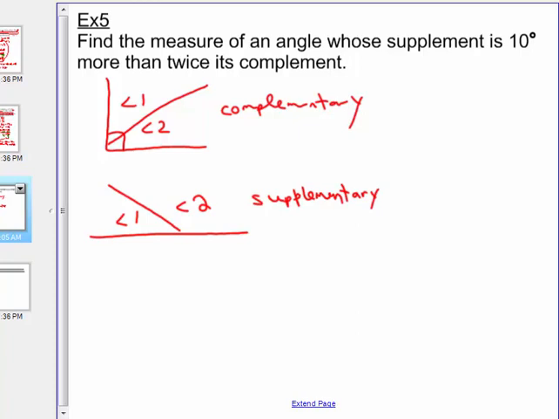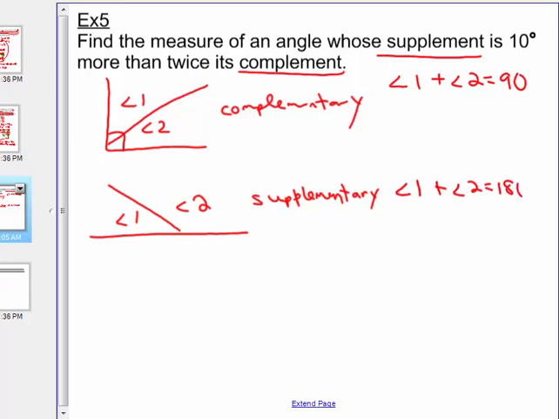So one thing we're going to do is stretch this. If we want the complement of an angle, and one angle is 10 degrees, what would the complement be? If angle 1 and angle 2 equal 90, and one of them is 10, then the other has to be 80. How can I show that algebraically?